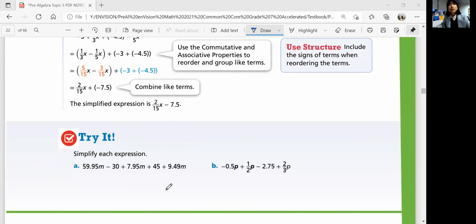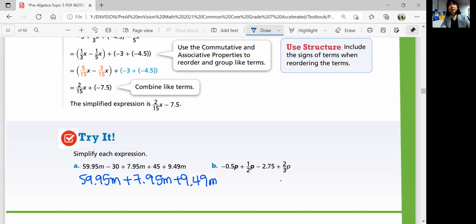All right, let's see if you can try part A and B here. Can you simplify these expressions? Okay, so you can group the coefficients here together. 59.95m plus 7.95m plus 9.49m.